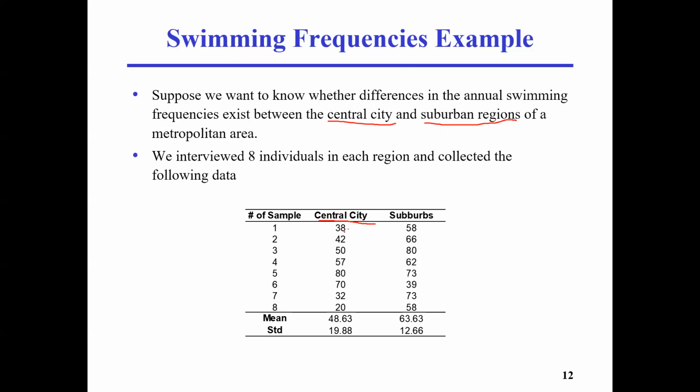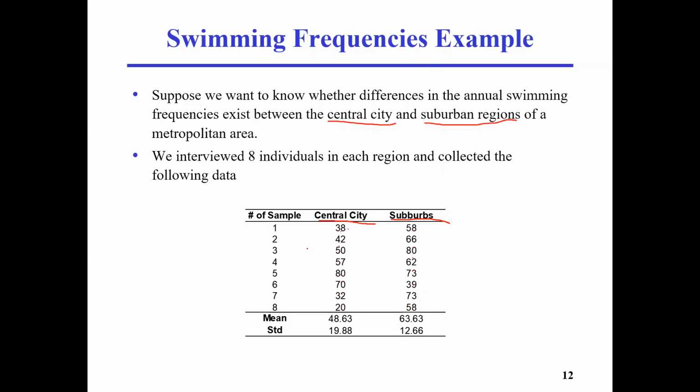So, for example, this individual 1 from Central City said he visited swimming pool 38 times. So 1, 2, 3, 4, 5, 6, 7, 8. Interviewed 8 individuals from Central City, and other 8 individuals from suburbs.